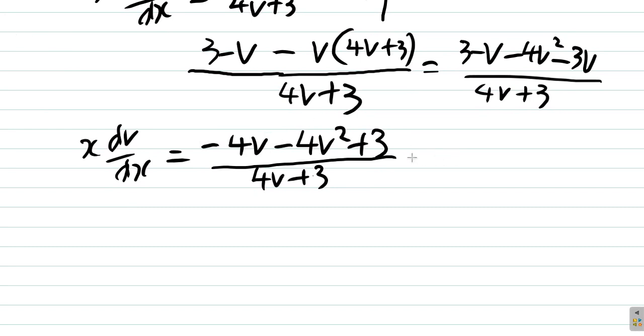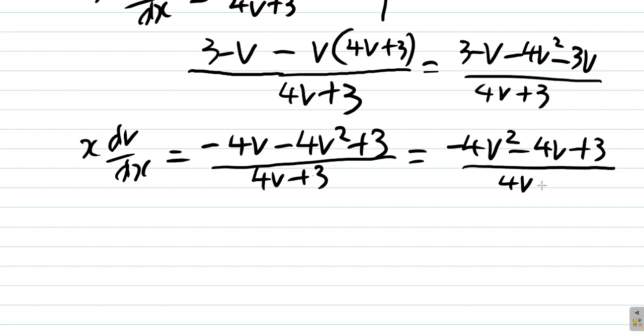This is a quadratic equation in v up top. It is negative 4v squared minus 4v plus 3 over 4v plus 3. So what we have now is to multiply.